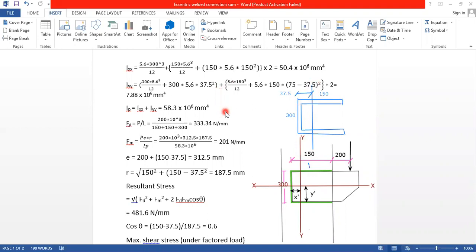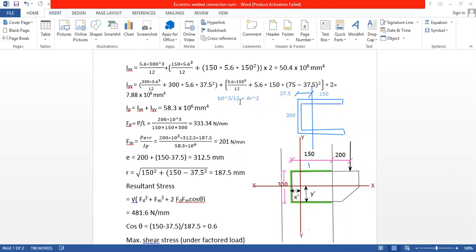In this case b is going to be 300, and d is my throat thickness, 5.6 cube by 12. This is my bd cube by 12 portion.